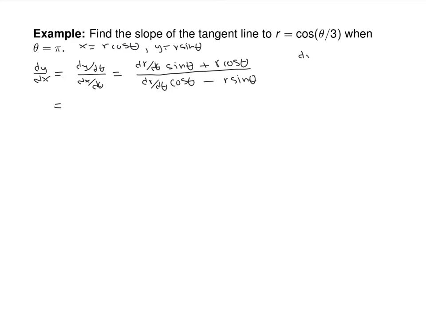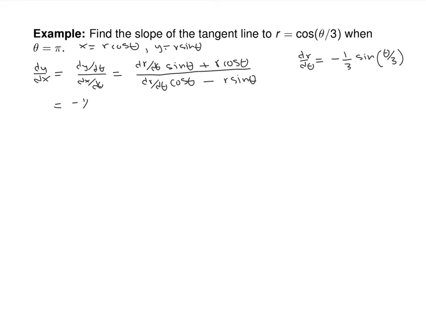Notice first of all that dr d theta is the derivative of cosine of theta over 3. The derivative of cosine of stuff is negative sine of that stuff multiplied by the derivative of theta over 3, which is 1/3.